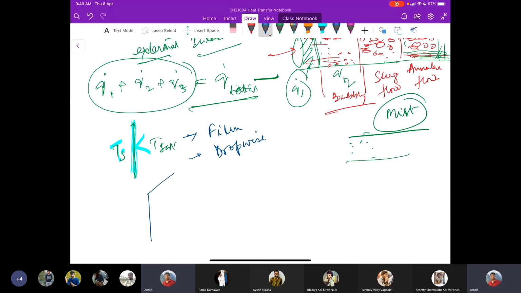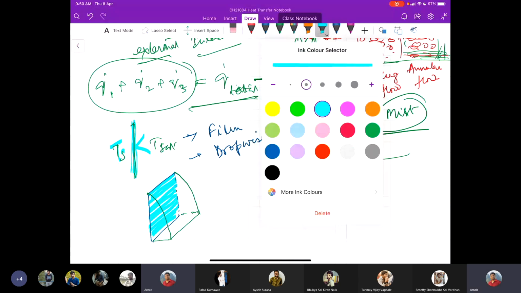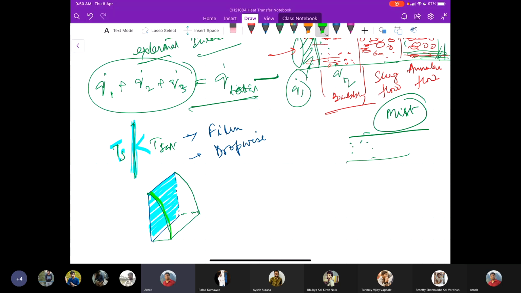So for example, if this blue one is your surface, you would have a film that is something like this on the surface.